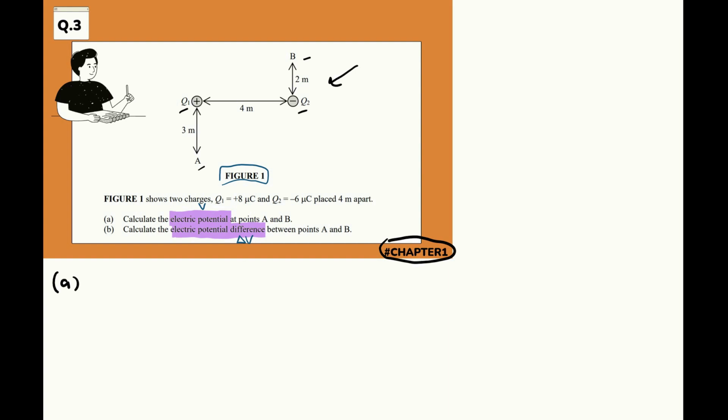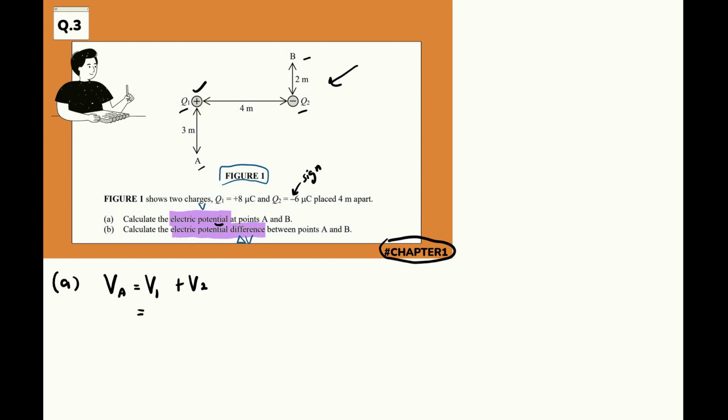So basically the potential at point A is contributed by potential from charge number 1 and also charge number 2. Please remember that when we calculate potential, we need to include the sign convention, the negative sign especially. So now we substitute the equation.